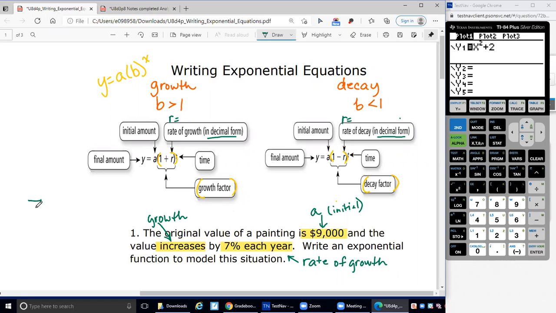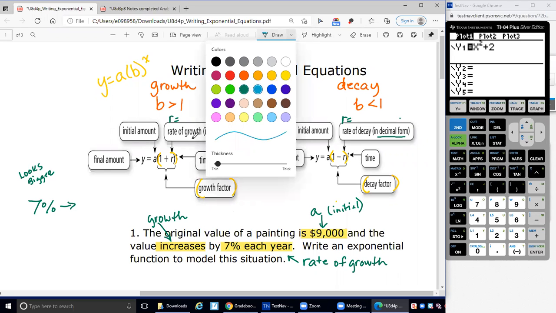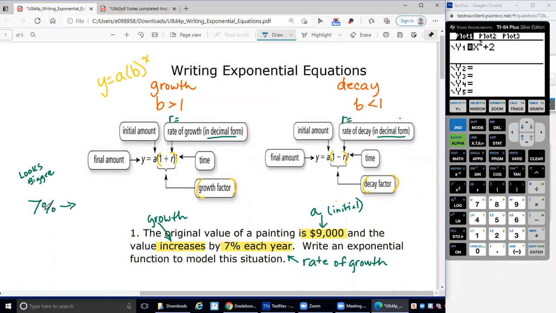So keep in mind when we have percentages, usually the percent looks bigger than the decimal form. Now keep in mind we have 2 little O's in our percent sign, right? So that means we're going to start with our decimal here and move 2 times to the left. So we end up with 0.07. Make sense?